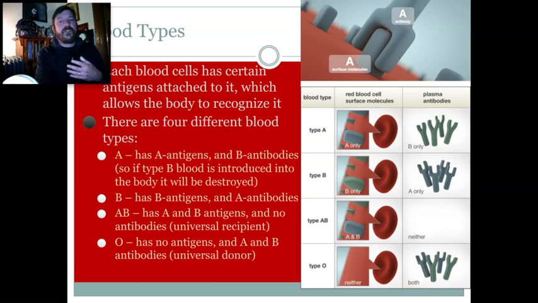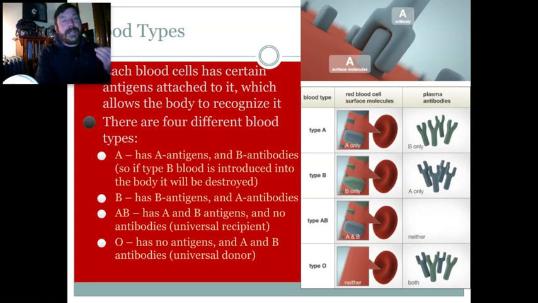Type B antigens are only found in people with type B blood. They also have type anti A antibodies. So, again, if you give a person with type B blood a type A transfusion, they're going to have a clotting reaction, and it can be life threatening, causing strokes, among other things.